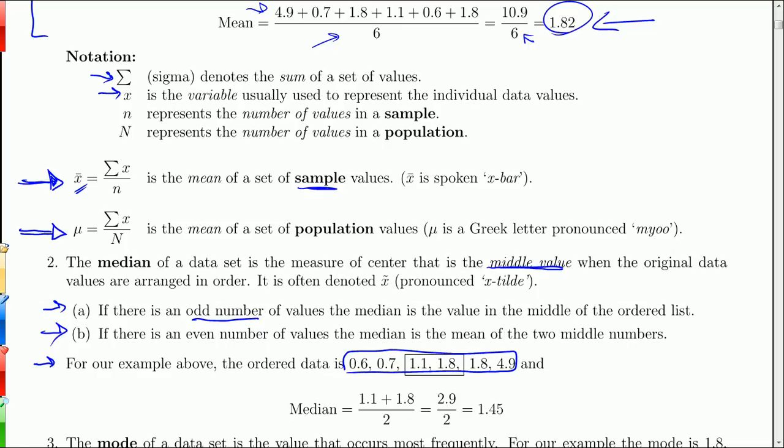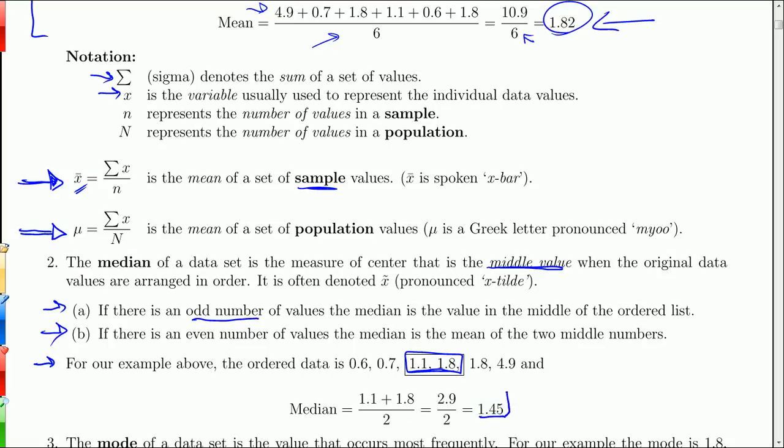Since there's 6 of these values, there is no middle term, but there's a middle 2, 1.1 and 1.8. So when we have 2 middle terms, we're going to take the mean of the 2 middle ones. So when we average 1.1 and 1.8, we add them together, divide by 2, and we get 1.45. So the median of this data set is 1.45.